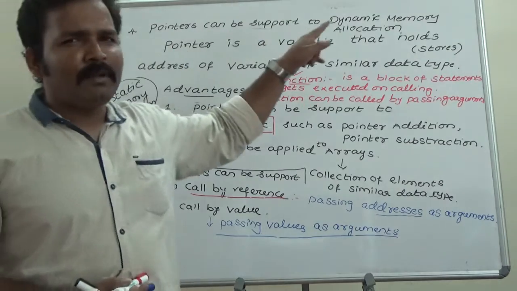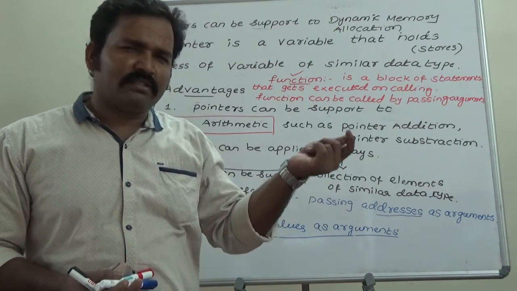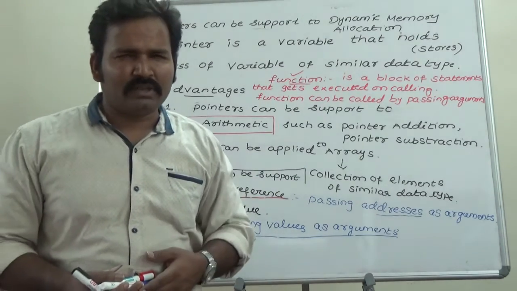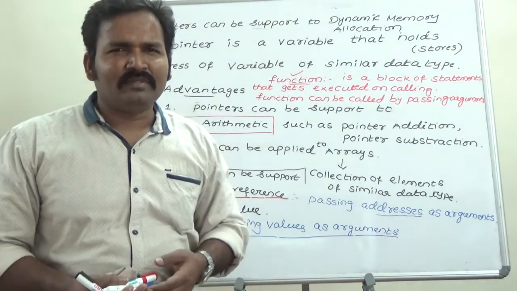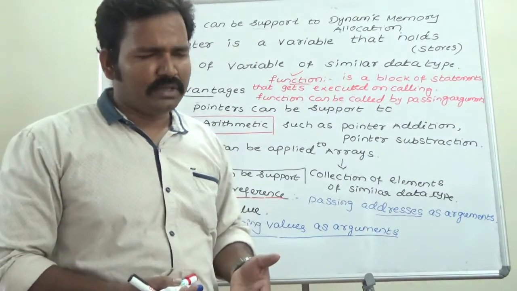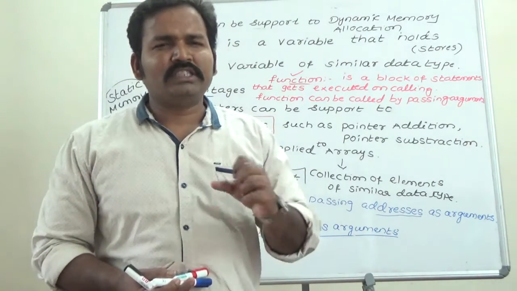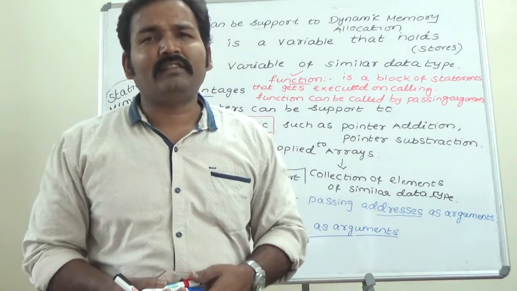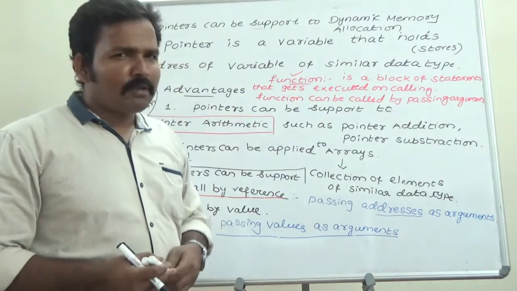Dynamic means we can increase as well as decrease the memory by using some predefined functions like calloc, realloc, and malloc. By using these functions, we can allocate memory to variables at runtime.